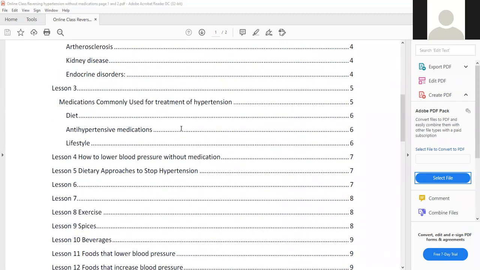So the medications that are used for high blood pressure control are divided into several different classifications. We have your diuretics, that's your first line medication, and beta blockers, which work by slowing down the heart.